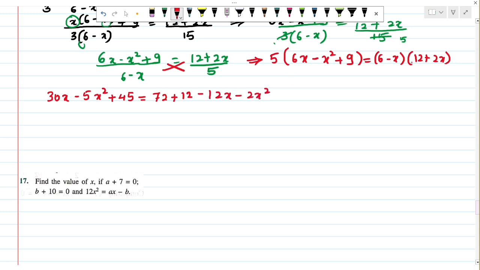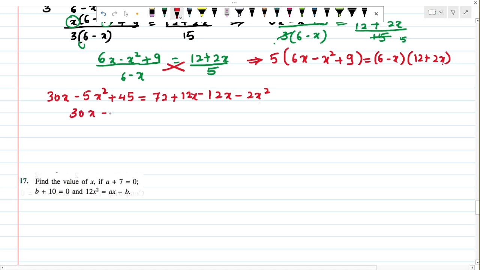So this becomes 12 6s are 72 and this becomes minus 12x. Here I have written minus 12x and this becomes minus 2x squared. So this is plus 12x. Again this 6 into 2 is 12x, right?